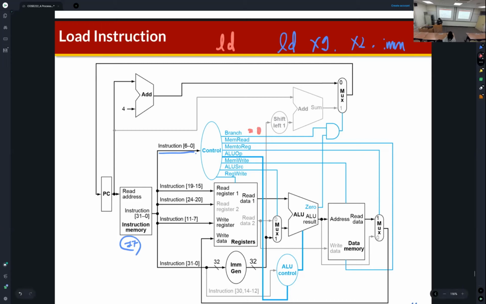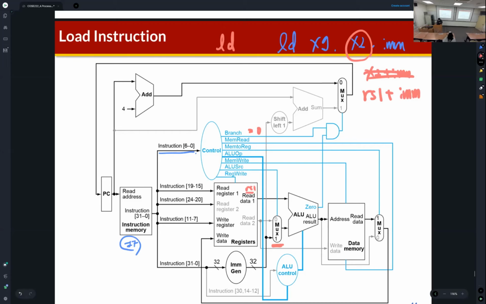And then if we see that ALU source, actually the load instruction needs to perform X2 plus immediate, which means RS1 plus immediate. So this is the output of the RS1.